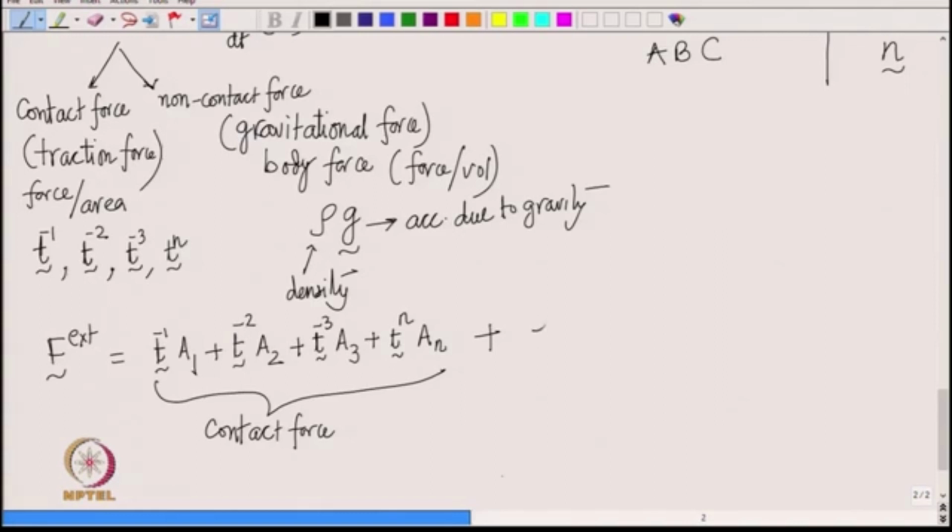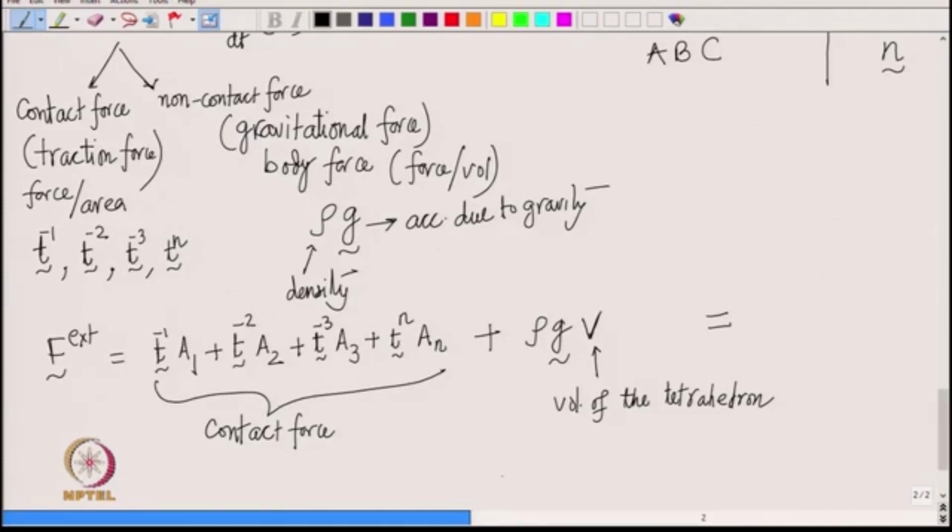So, that has to be rho g multiplied by the volume of the tetrahedron, is not it. So, that is going to be volume V, the volume of the tetrahedron, right, and this has to be equal to, from Newton's second law, the rate of change of linear momentum of the tetrahedron.